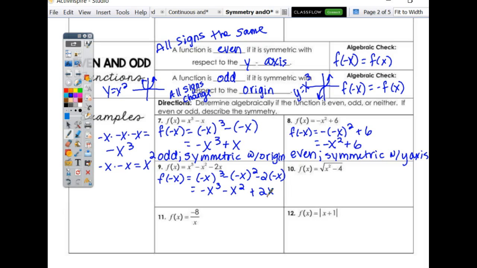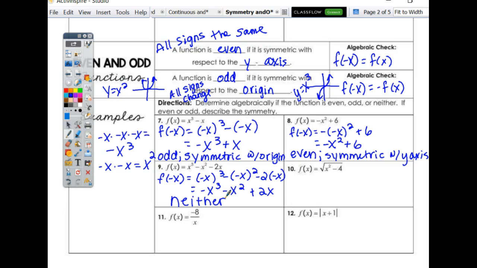The first one was positive, and now it's, the second one was negative, and now it's, and the third one's negative, and now it's, so did all of them stay the same? Did all of them change? If the answer is no, you only have one other choice, and that's neither. So it's either they all stay the same or they all change. If neither one of those is true, it's neither.